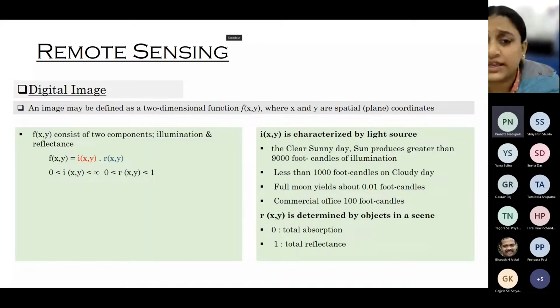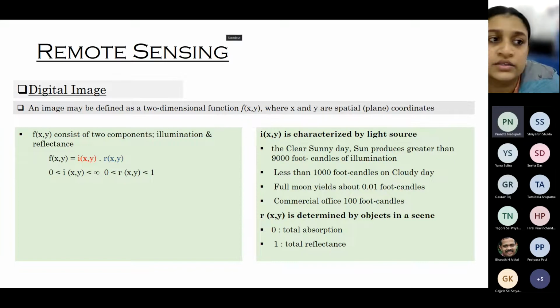So what is a digital image? Basically, it is an image that can be defined as a two-dimensional function f(x, y), where x and y are the spatial coordinates giving its location in the spatial plane. It is further divided into illumination and reflectance components. Illumination is characterized by the light source, and reflectance is characterized by the object, whether it is taking total absorption or giving total reflectance.